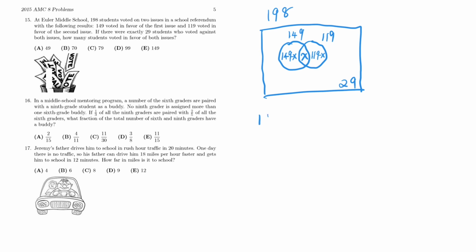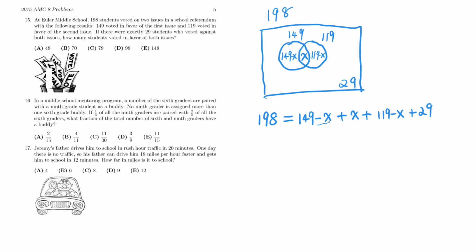So the 198, that's the total students, equals the number of students just in favor of the first issue, plus the X students who are in favor of both issues, plus 119 minus X students who are in favor of the second issue, and plus 29 against both.